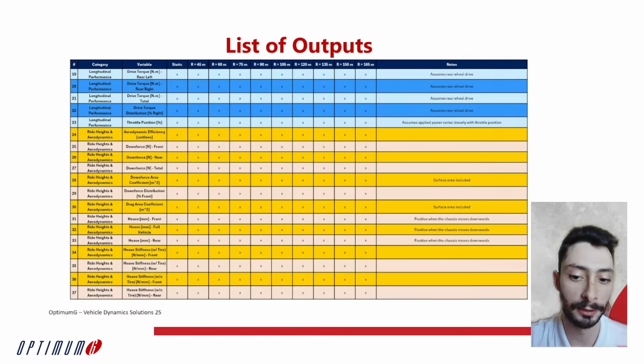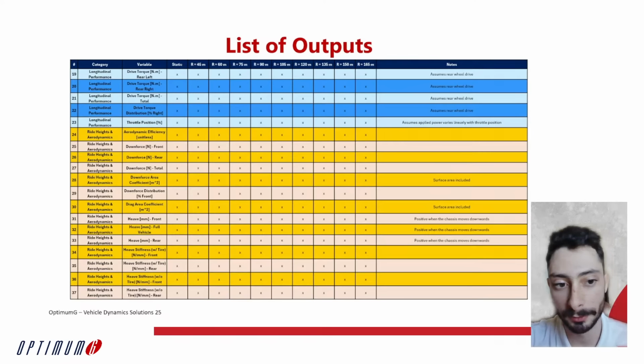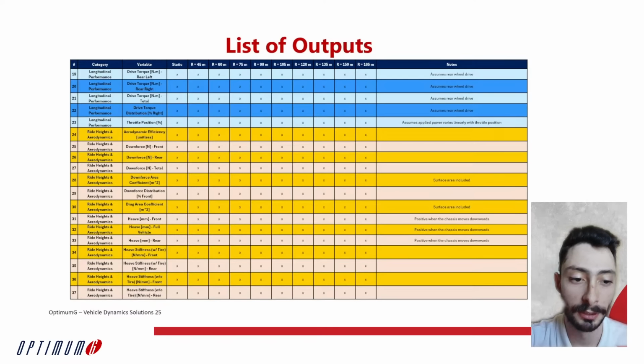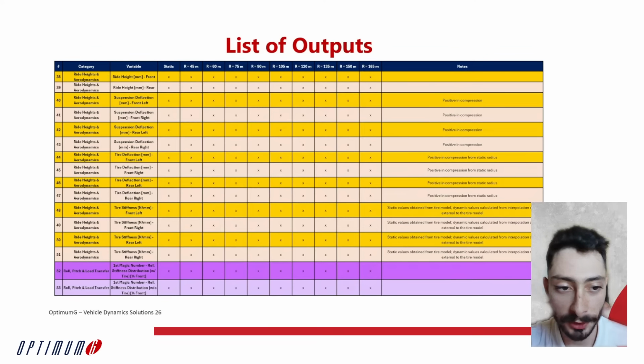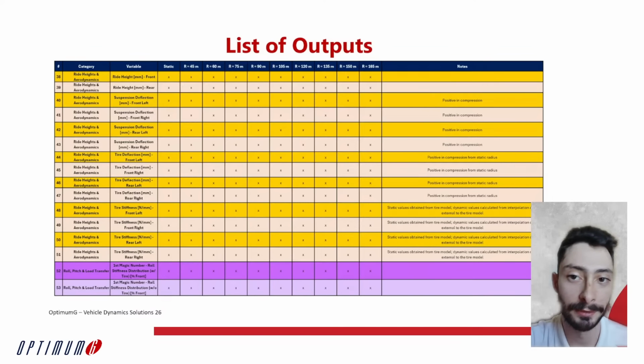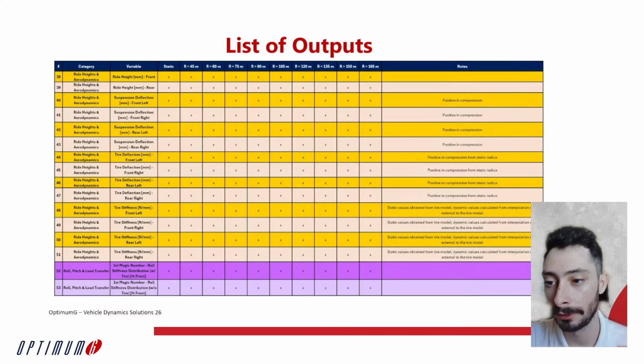We have some aerodynamic parameters like the downforce coefficient, the downforce distribution, and the heave stiffness of each of the axles. We have aspects related to the suspension deflection, tire deflection, and the stiffness of the tire, which is also variable and varies in a very non-linear manner, so you need a tire model to know how to model that properly.